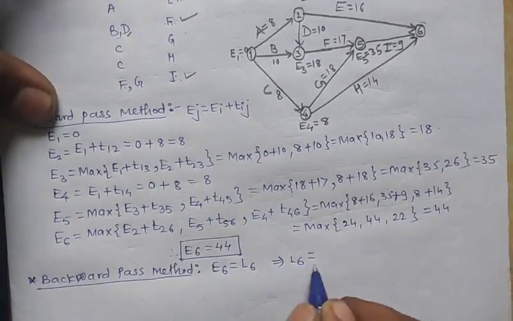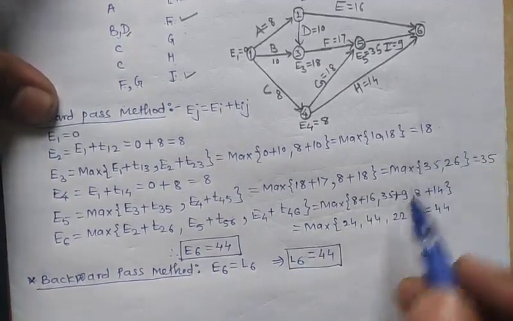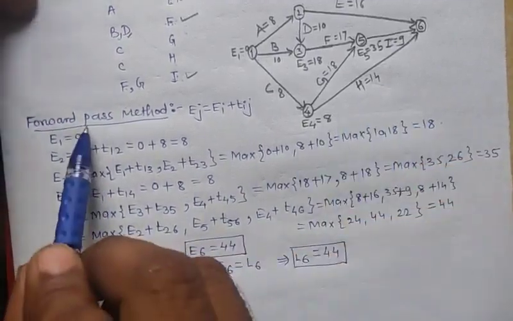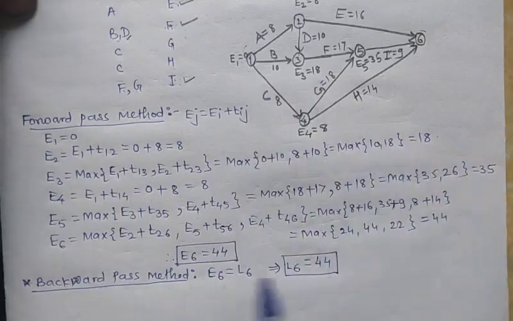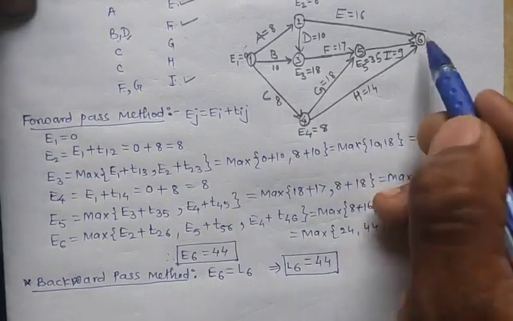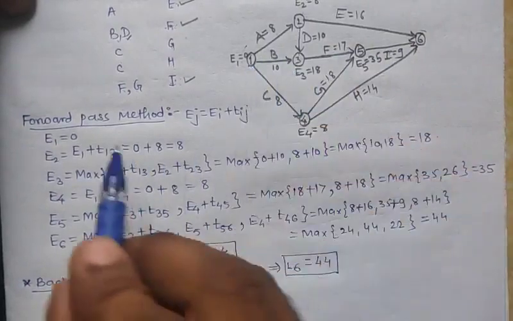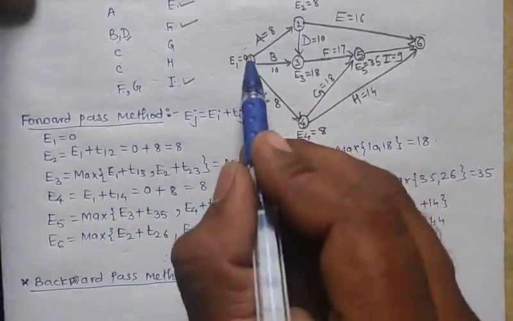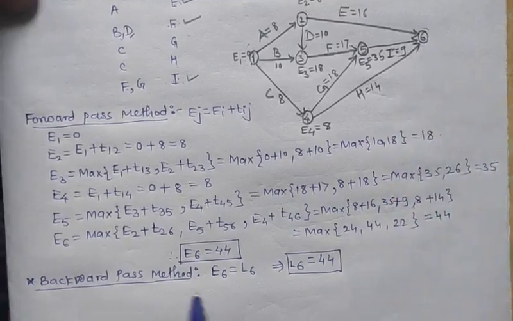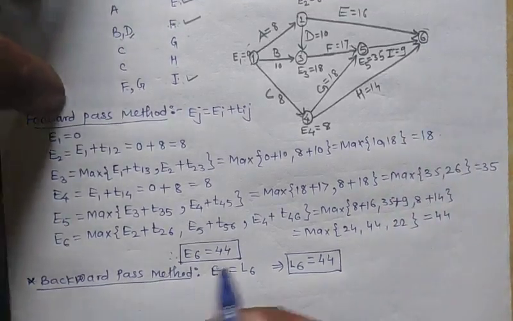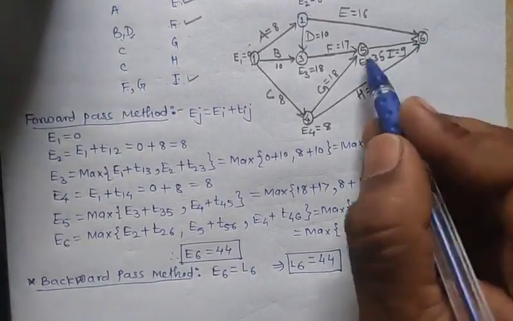E6 has value 44. Okay, then we solve. The forward pass method starts from the initial point, and the backward pass method starts from the end point and goes to the start point. Okay, so let's see. From this last point we will find L5.